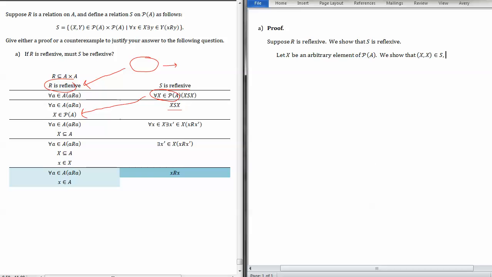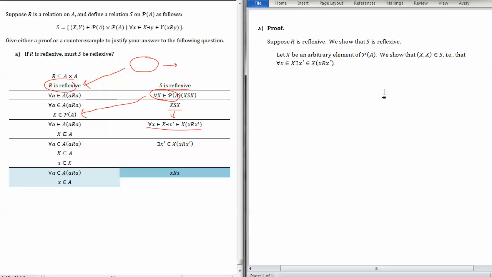We're going to show that, i.e., that, well, let me just right away go ahead and bring this down to here. It's just a definition, so we can just add it on. But we should probably type it out so that our reader remembers what that definition is. So say for all x in X, there exists an x prime in capital X such that X is related to X prime.